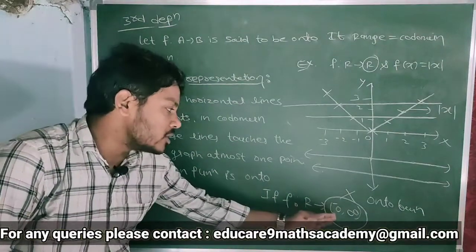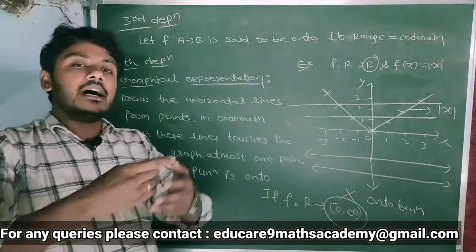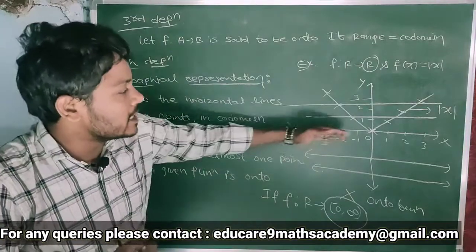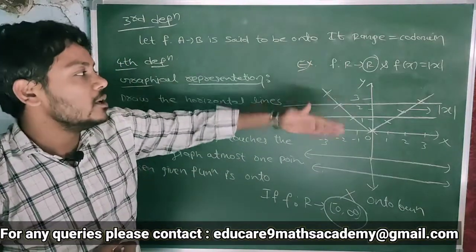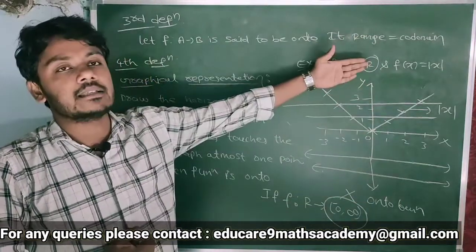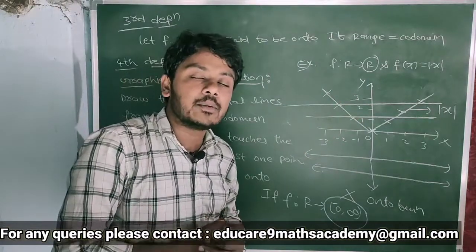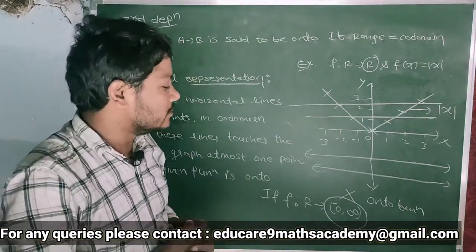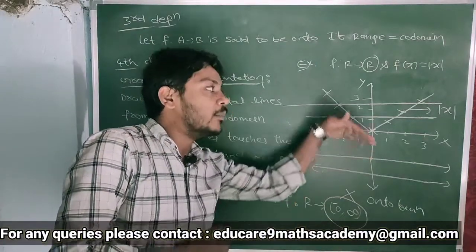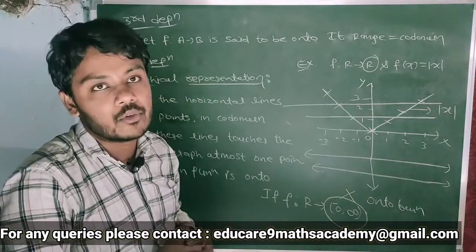So from the positive values, 0 to infinity, now draw the horizontal lines above the x-axis only, because the codomain is positive values.